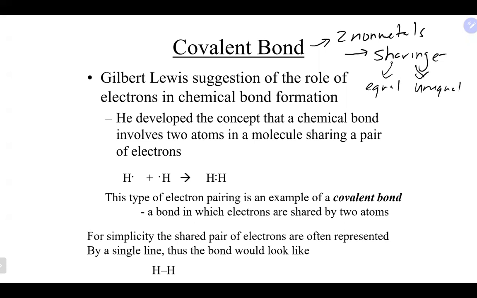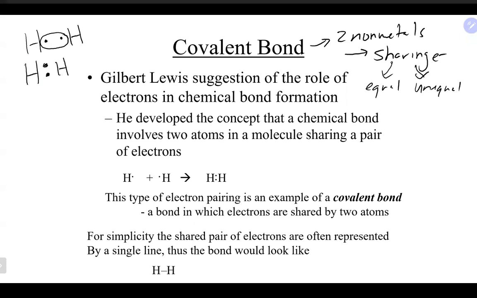So I'll redraw some of that stuff on the bottom a little bit higher so it'll be easier to see. If we have a hydrogen and another hydrogen here, what's going to happen when they come together is, because they're both basically the same element, they're going to share those electrons between them. And that is going to make a bond between the 2 where those electrons will count for both hydrogens.